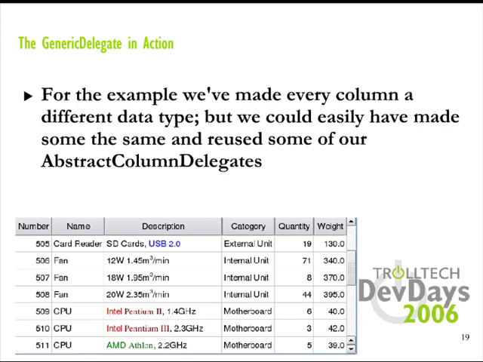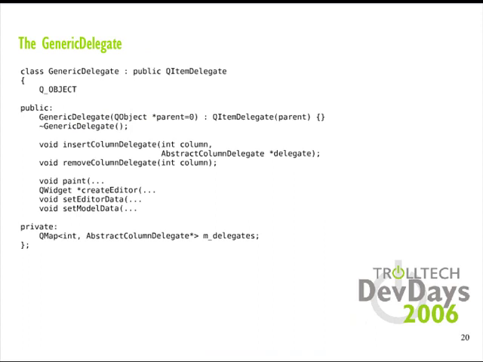Okay, so that's the principle and that's how it's used. Let's see the implementation. And I think the big shock about the implementation is this is not hard at all. The generic delegate in particular is very simple because basically it does very little work. Structurally, it follows the same structure that we've seen before time and again. It is an item delegate subclass, and we'll see why it needs to be later.